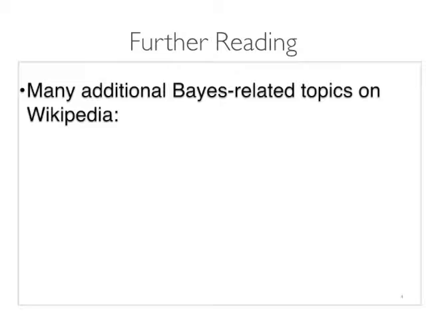We've already talked about some of the great resources out there for further reading on Bayes, such as the classic AI textbook by Russell and Norvig. And in addition to the Wikipedia article on Bayes' theorem already mentioned, Bayes-related topics are such a huge area that, of course, there are many articles on Wikipedia related to topics that we just touched on in this lecture.